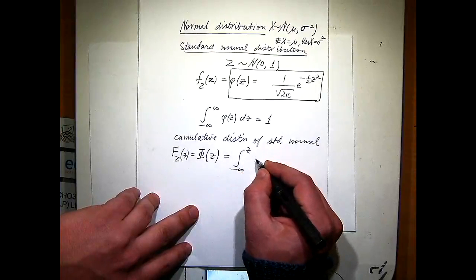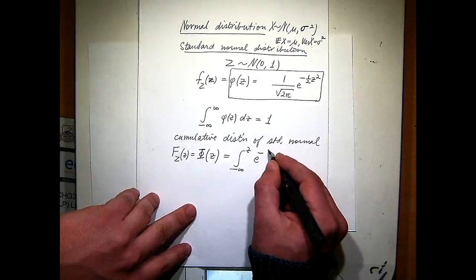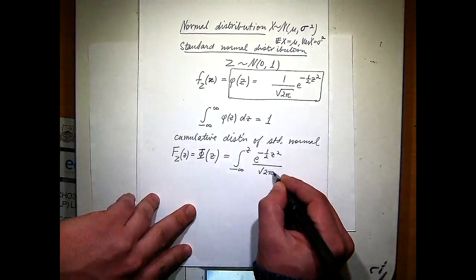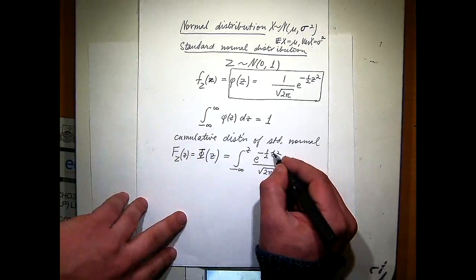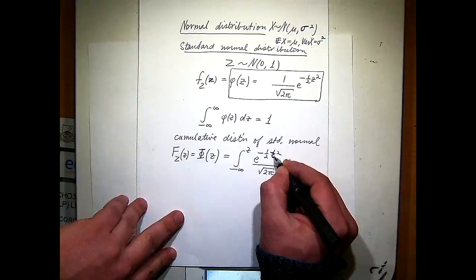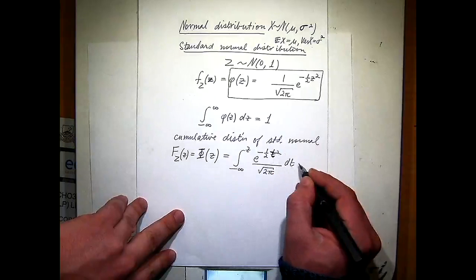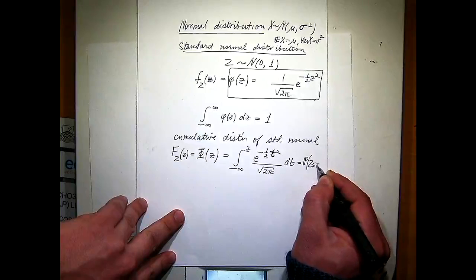So it's the integral from minus infinity to z of e to the minus t squared over 2 over root 2 pi dt. I better make this t rather than z, just a dummy variable t. Which is of course the same as the probability that capital Z is less than or equal to z.